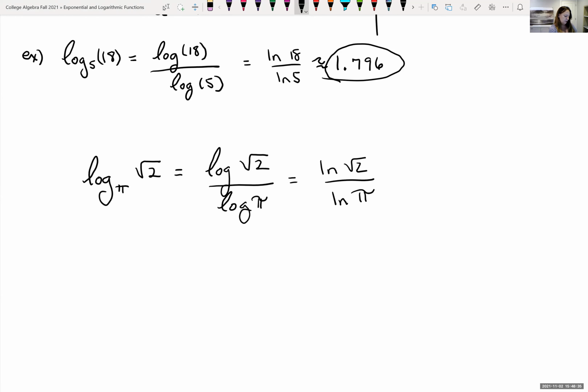So log of the square root of 2 divided by log of pi. Rounding to 3 decimal places, well, we get 0.3027. So that 7 is going to raise that 2 to a 3. So we have 0.303.